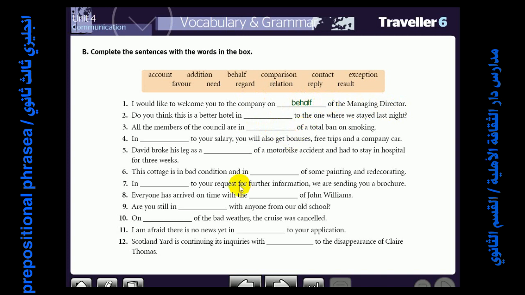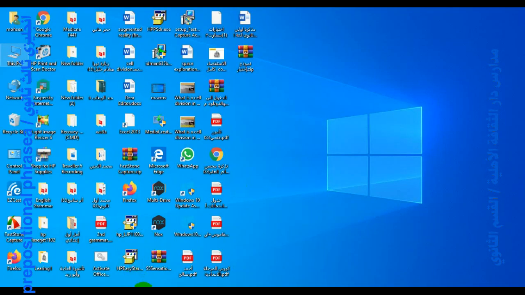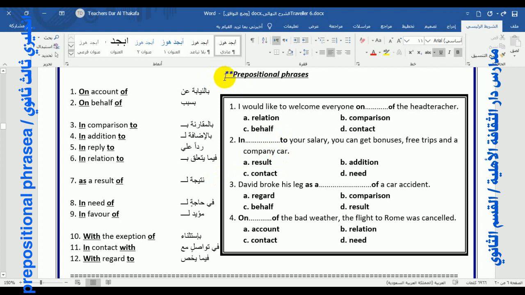Here if you go to this explanation you are going to understand more. روح كده للشرح اللي جاي. Here you are going to see prepositional phrases. On, of, we have two words: on account of, on behalf of. On account of بالنيابة عن. On behalf of بسبب.